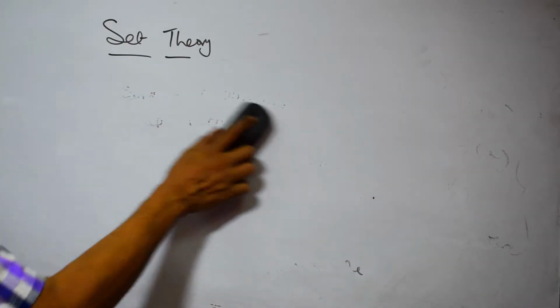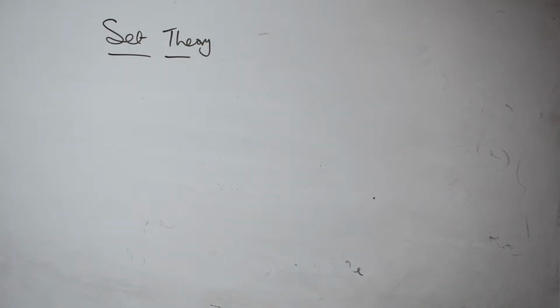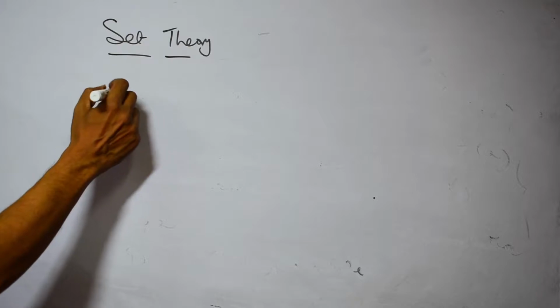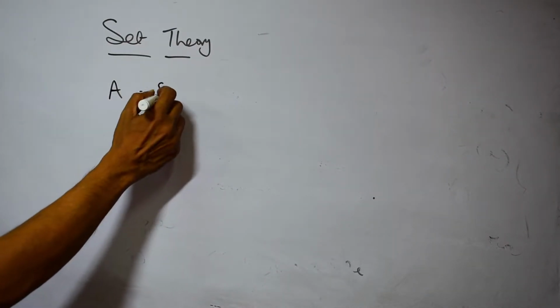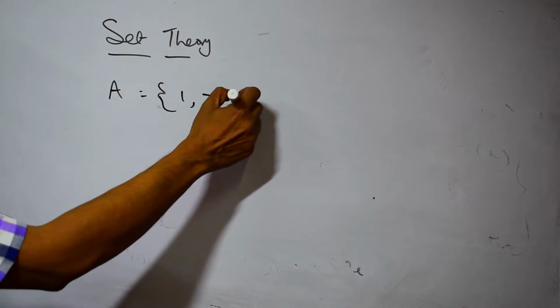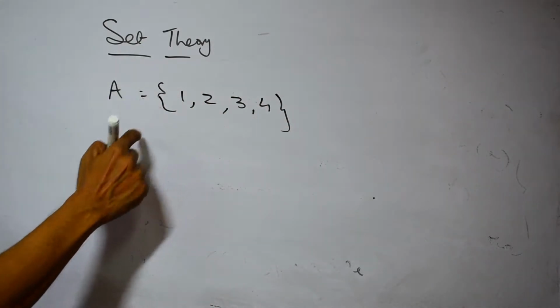Now when we write the sets, we write in two methods. First of all, they can be written directly, whatever the numbers are. Basically, if I am discussing the number set like 1 2 3 4, this way I can write the numbers.